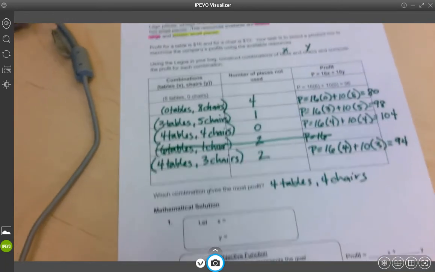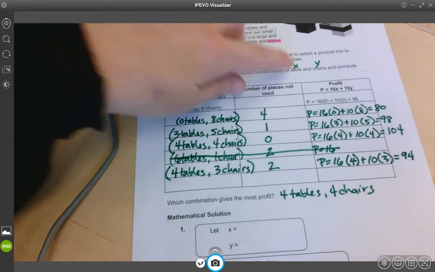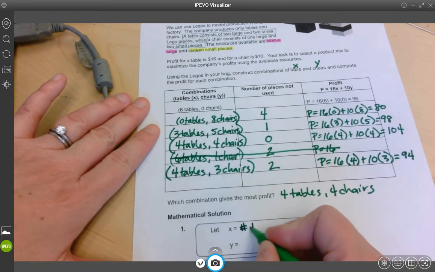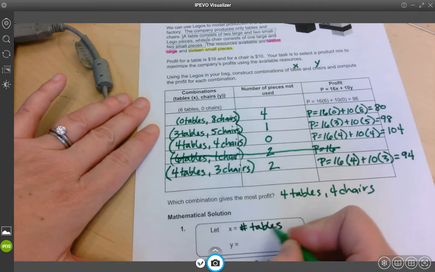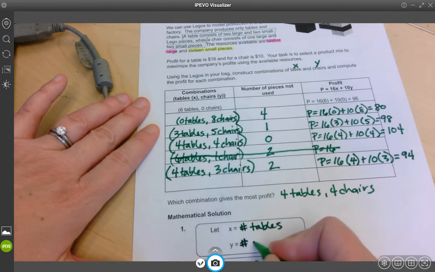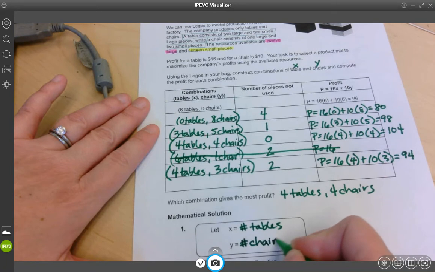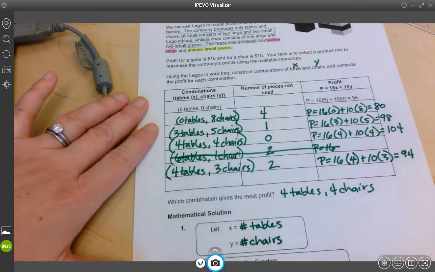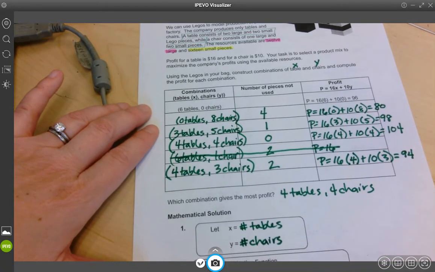We already know what X and Y are. We already know X is the tables and Y is the chairs. And the objective function is actually not graphed. The objective function is the profit.